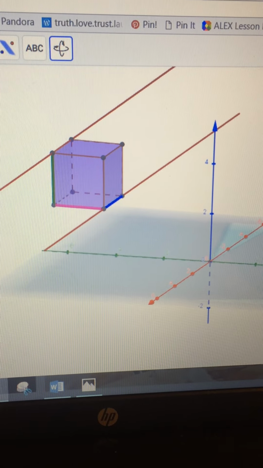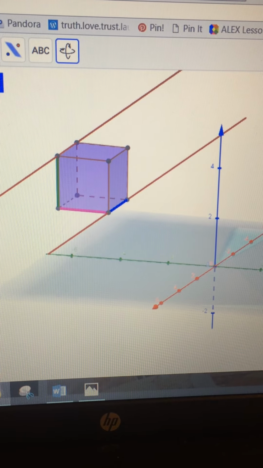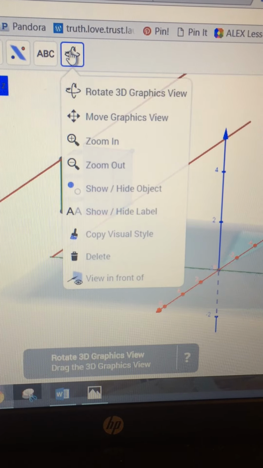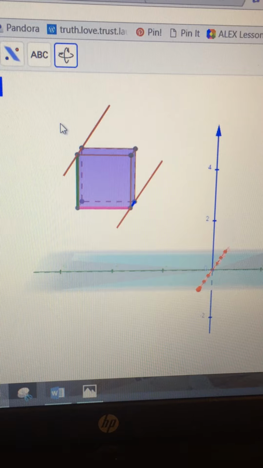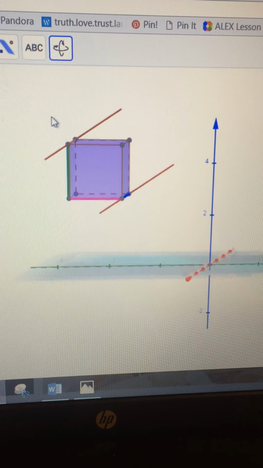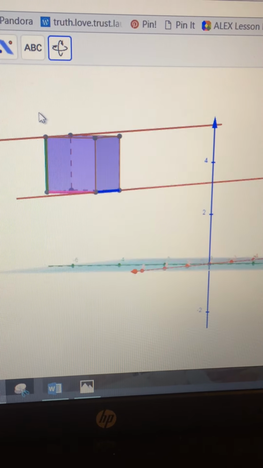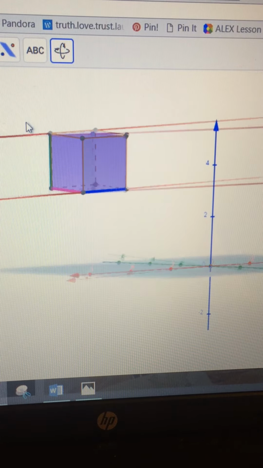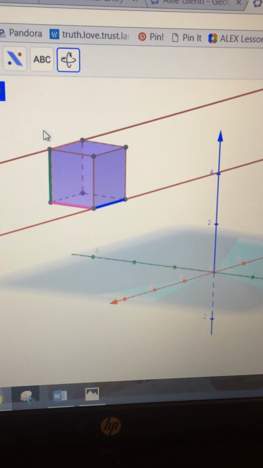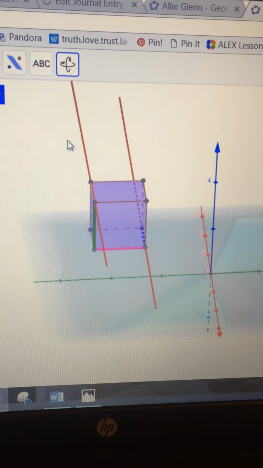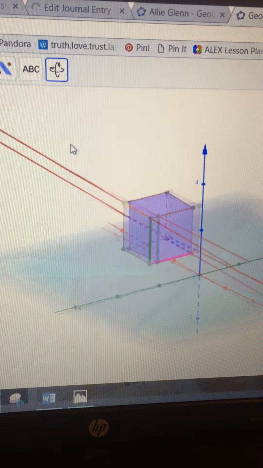Let me get my rotator on so I can get this. What you can see a lot more clearly now that I'm rotating it is in fact that we have parallel lines traveling through the edges of W and Z. So we can go ahead and say that W is parallel to Z.